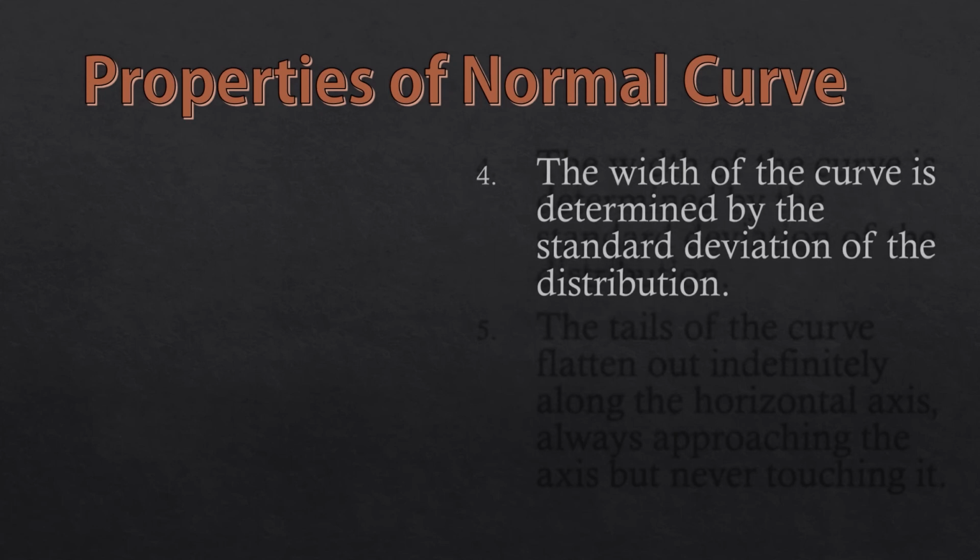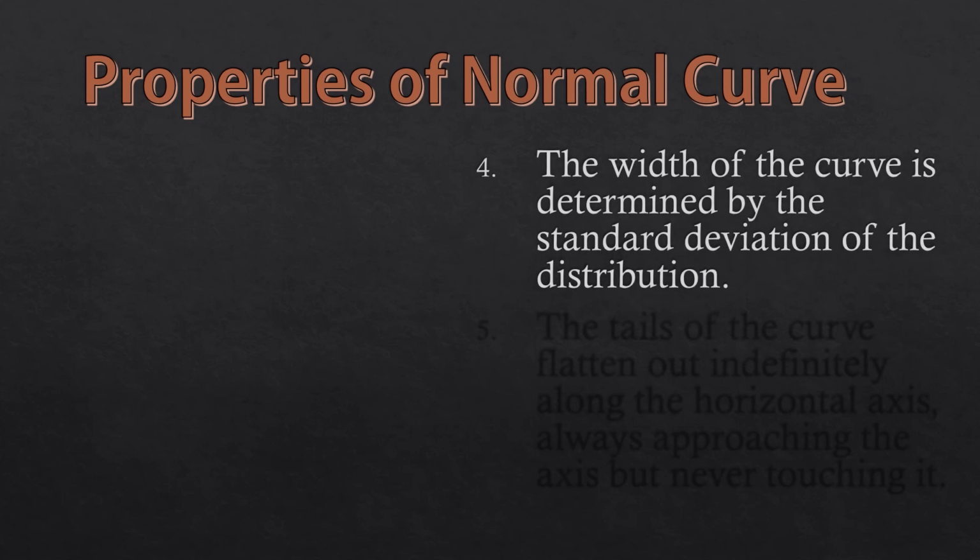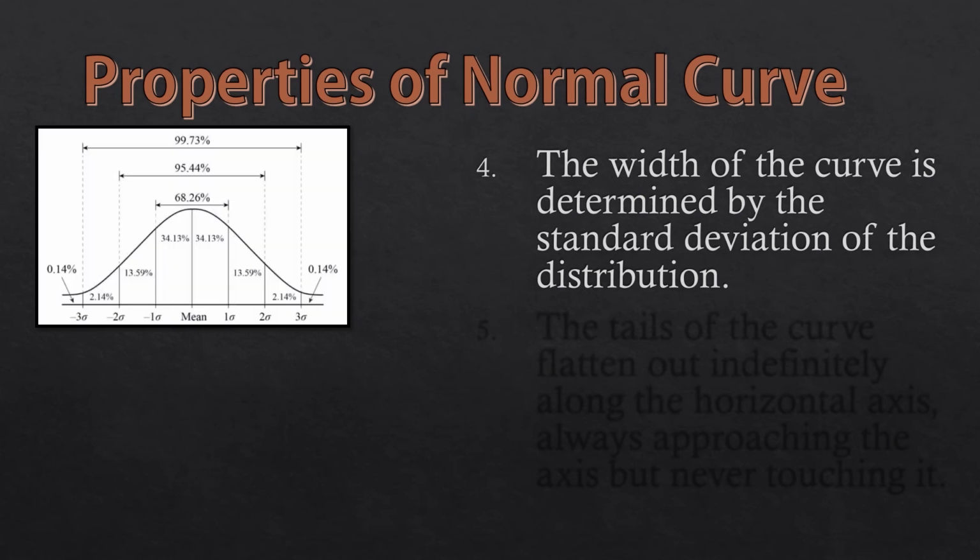Now, let's have the fourth property. The width of the curve is determined by the standard deviation of the distribution. Other than the mean, the standard deviation is very important for us to properly illustrate the normal curve or the normal probability distribution. Here is our mean at the center, from the peak to the horizontal line.